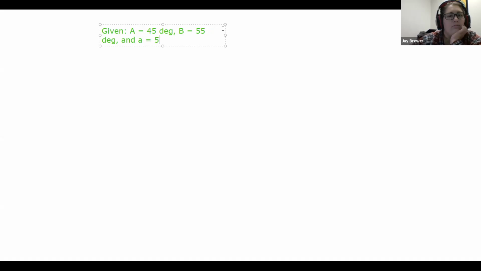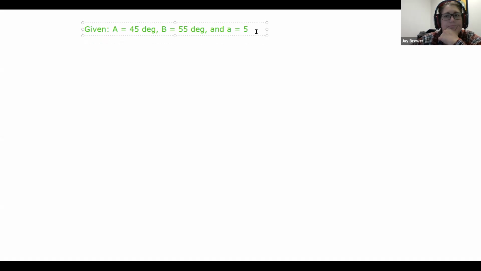So what do you notice is going to be really nice with this problem? Before we do anything else, what do you notice about, if you're considering the law of sines, what should you notice right now?